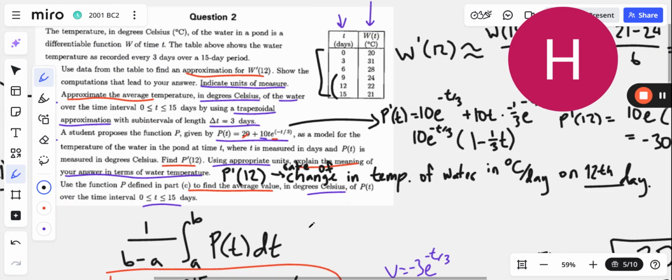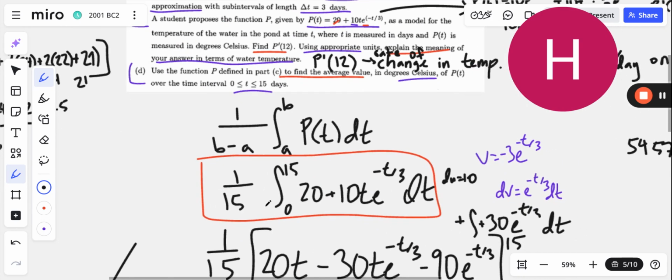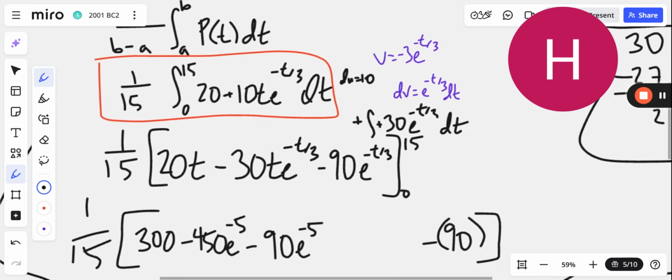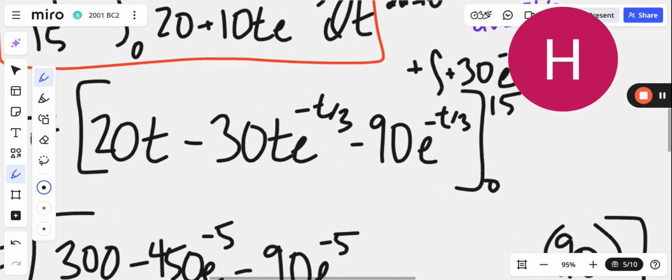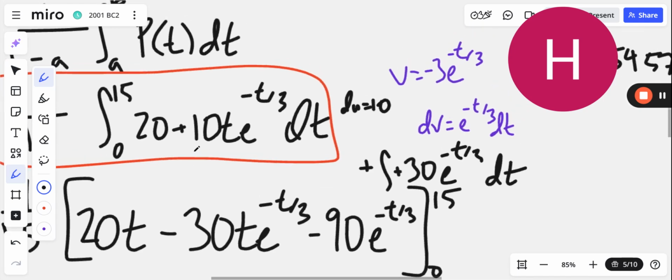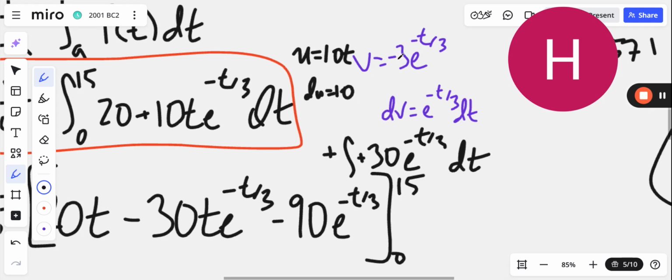Okay, so curious what the actual average value would be if you did this on an integral calculator. And I want to try to attempt this one more time since we're already here. I know we wasted a bit of time, but let's take a look at what could have gone wrong. So we had uv, which is 10t times negative 3 e to the negative t over 3, minus the integral of v du, which turned that to a positive integral, but then when I took the integral, it turns into negative 90.